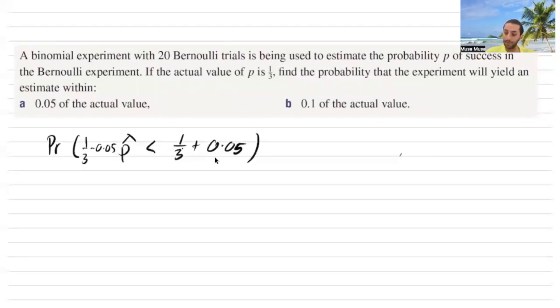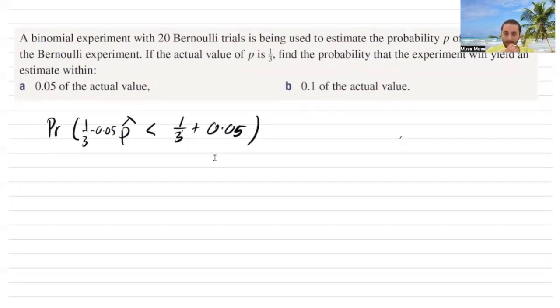Okay. So let's actually go and try and calculate this. How can one do this? If you say a third plus 0.05, what is that? Actually, we have to find out what these are. A third minus 0.05 equals 0.2833.